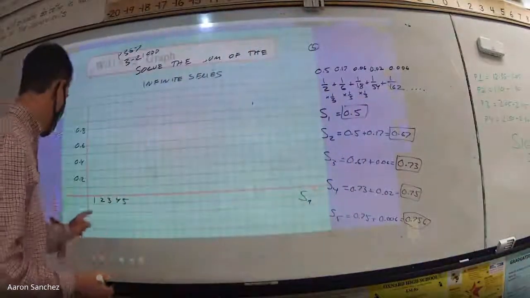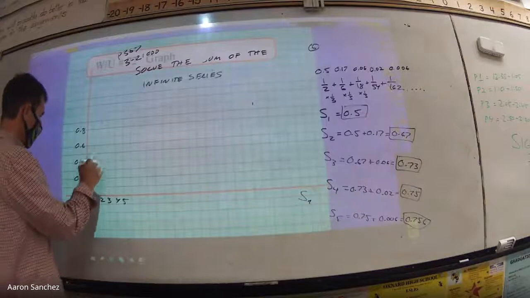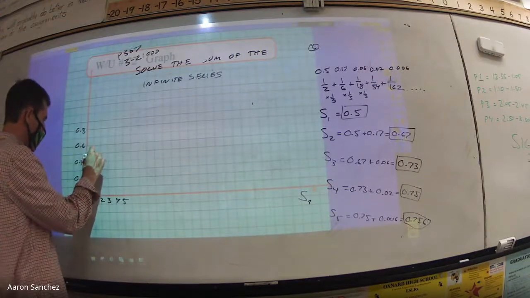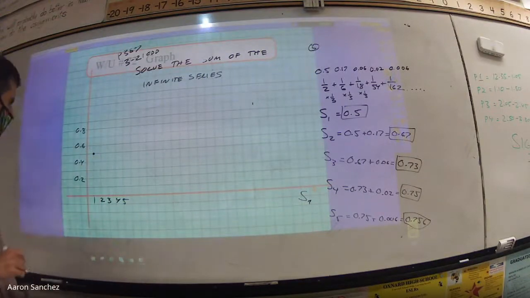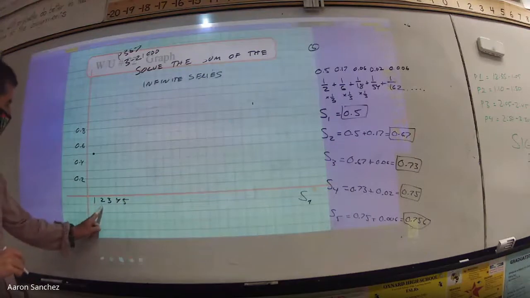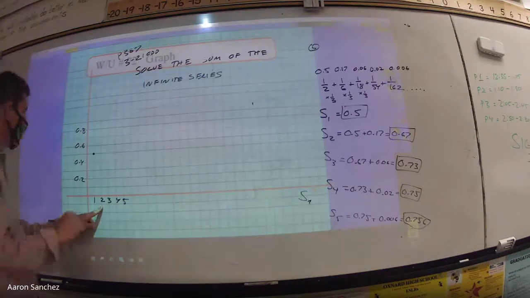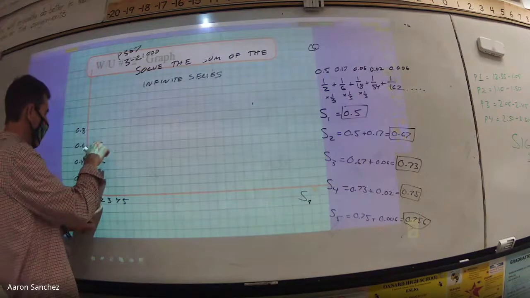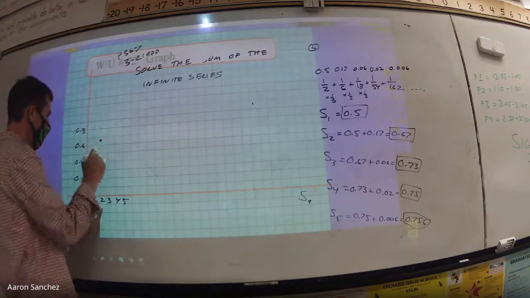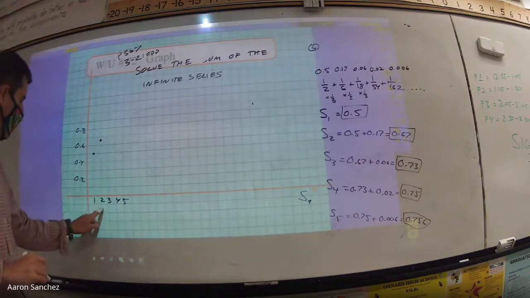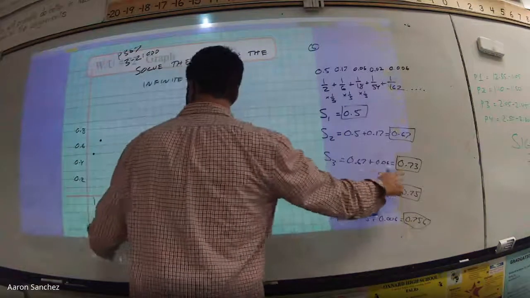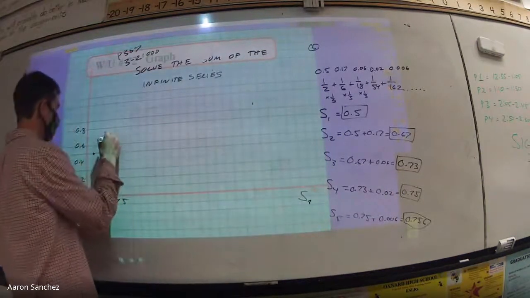Okay, so I take the first term. It's up to 0.5. So I'm all the way up here already in my first term. It's kind of a lot. Then I add the first term and the second term. I get 0.67. So look at how much I go up, almost up to 7. Then I add the first term, second term, third term to get 0.73. I go about here.